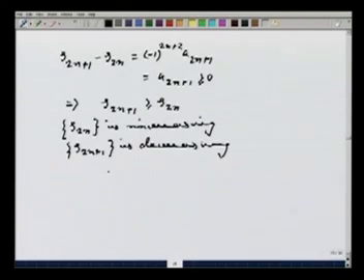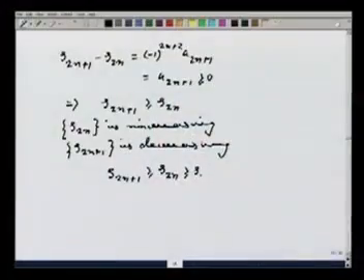I can write it in this form, that S2n plus 1 is bigger than or equal to S2n. I got that. Since it is increasing, it is certainly bigger than or equal to S2. Because S2n is increasing, all the higher terms are bigger than the first term, and the first term is S2. So S2n is bigger than or equal to S2.